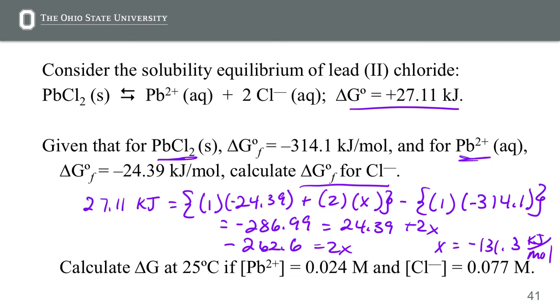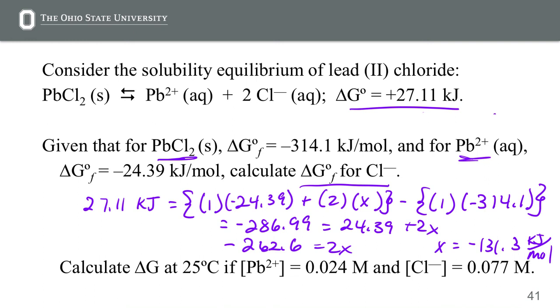Okay, so for this problem, we're solving for the delta G of formation for the chloride ion. And so we're using our delta G of formation for the product. Never mind. Let me erase that. Okay, so we plug in our value of delta G for the product.